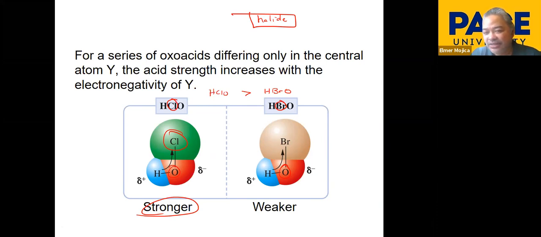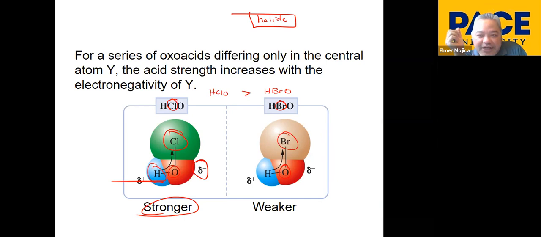So you have a partially negative end. And since there's a strong interaction there, because chlorine is more electronegative than bromine, it's easier for the hydrogen to dissociate.